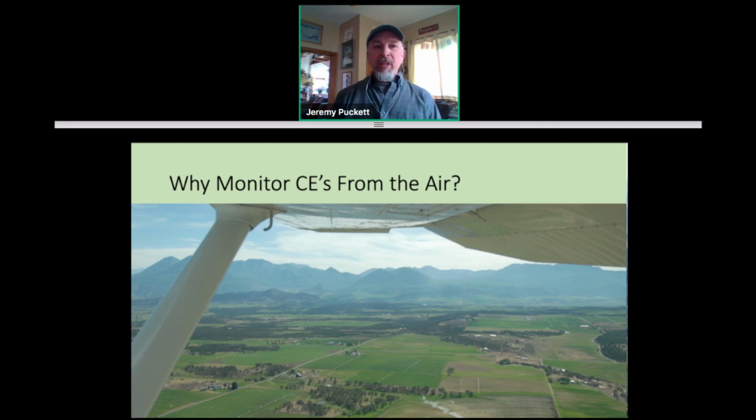One other thing that I'll say is that we try to do monitoring flights in an alternating pattern. LTA accreditation requires that you be on the ground at least once every 5 years in order to maintain your accreditation from a monitoring standpoint. We've determined that we like to try to be on the ground at least once every 3 years.